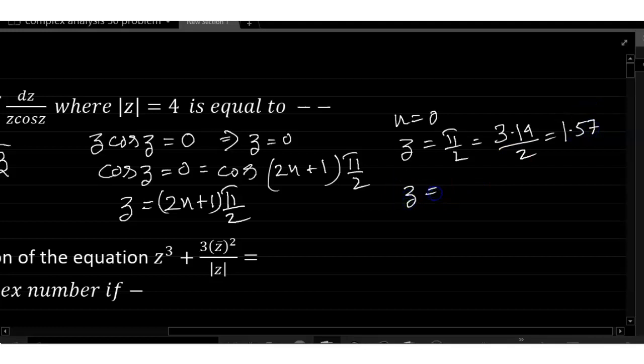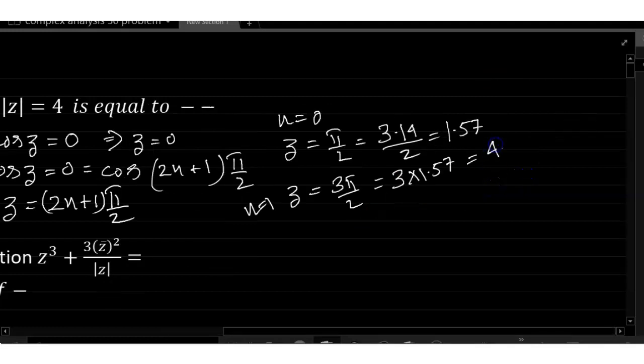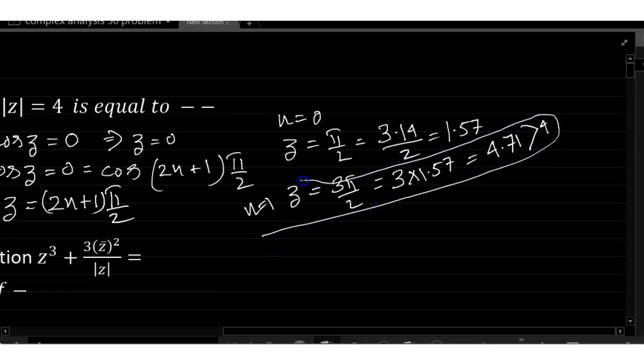When z = 3π/2, n = 1, it is 4.71, which is greater than 4. So I can't take this, because |z| = 4.